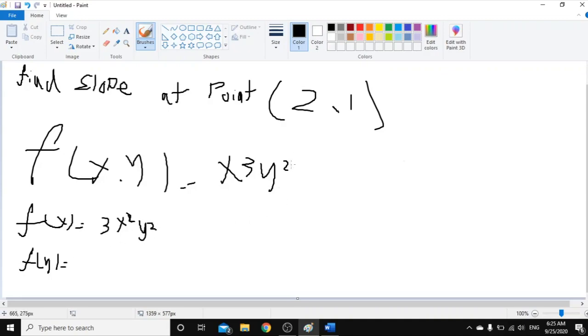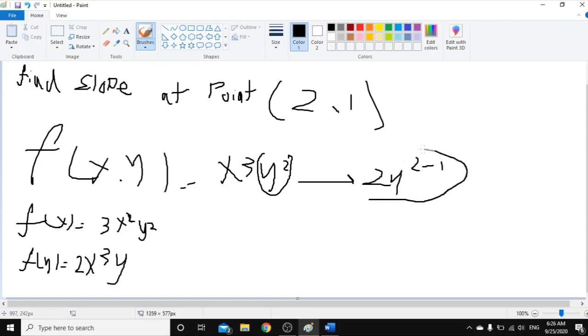And here with respect to y is, sorry, 2x cubed times y. Here we wrote 2 because I took the partial derivative with respect to y. Here it's 2 times y to the power of 2 minus 1. If you don't know how we make it like that.